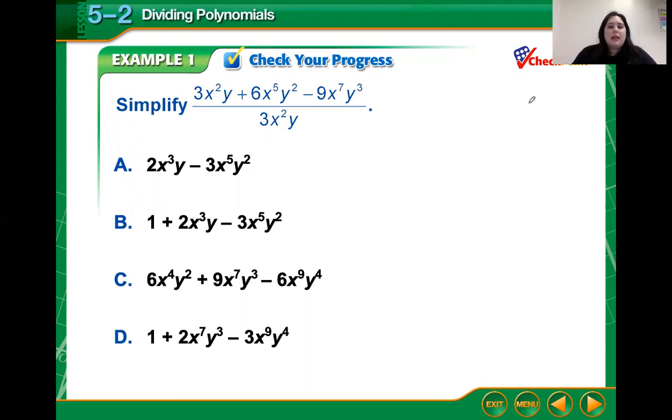All right, we're going to split this up into three different fractions. We're going to have 3x squared y over 3x squared y, plus 6x to the fifth y squared over 3x squared y, and then minus 9x to the seventh y cubed over 3x squared y.